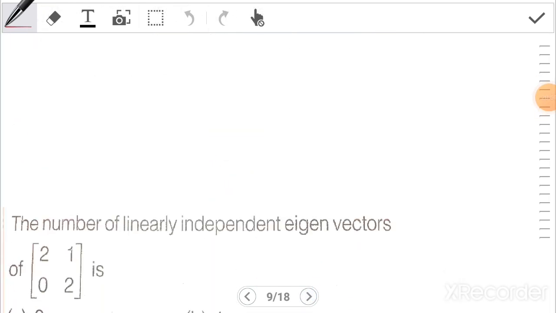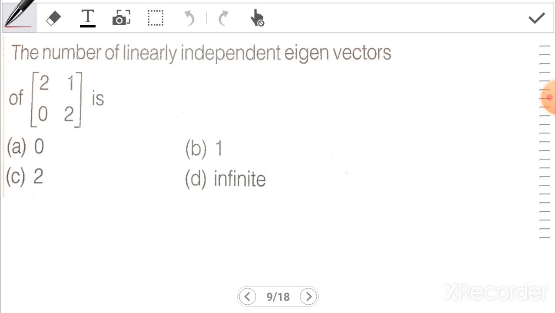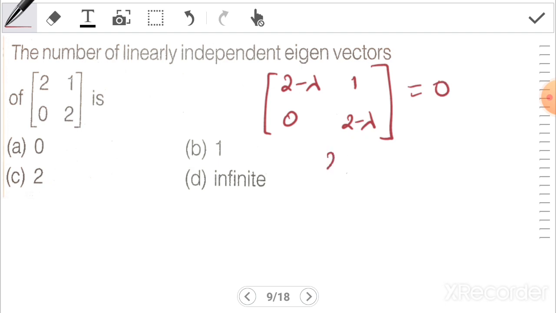The number of linearly independent eigenvectors of the matrix is. Okay, let us write the characteristic equation first and find eigenvalues from it. 2 minus lambda, 1, 0, 2 minus lambda is equal to 0. So 2 minus lambda whole square is equal to 0.